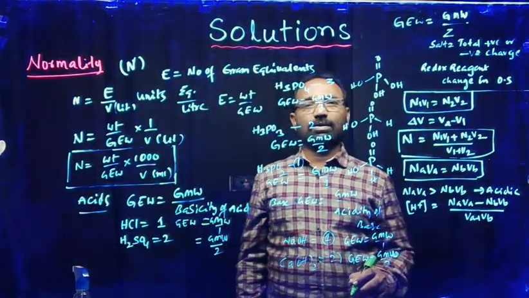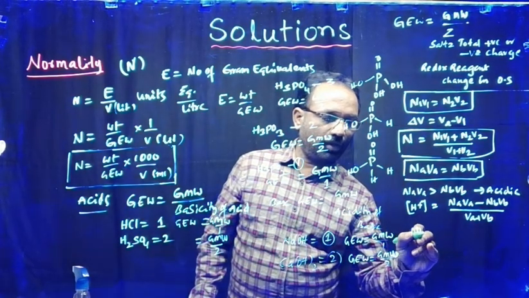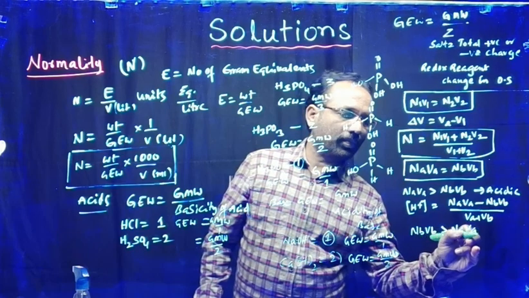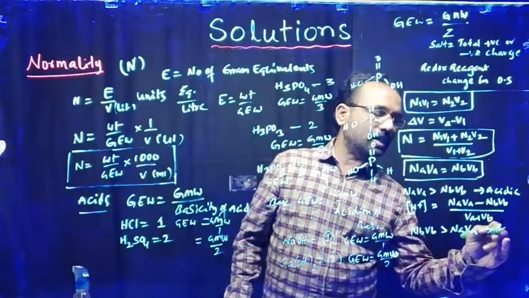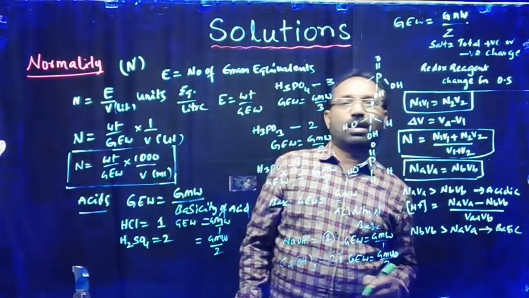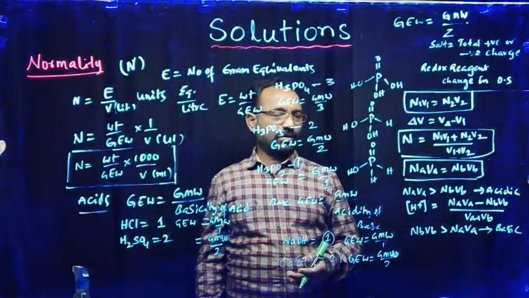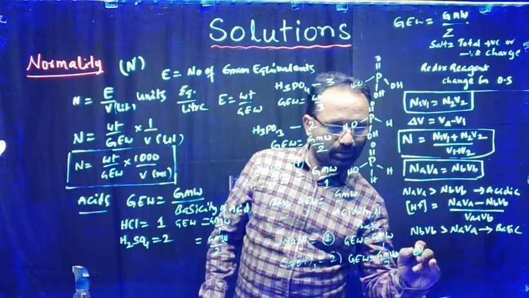Similarly, third condition, if NBVB is greater than NAVA, in that case the solution is basic in nature and the pH of the solution is generally more than 7. Here the resultant solution has OH minus ions.